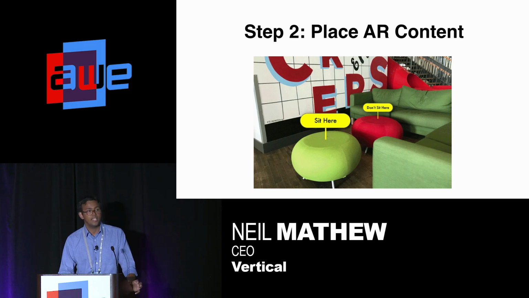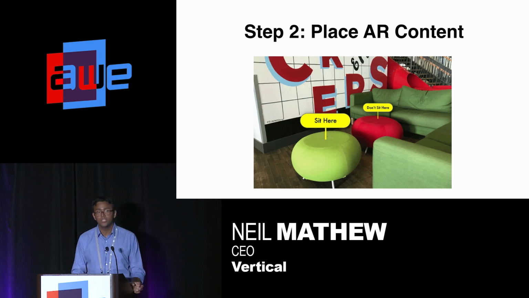What PlaceNote does is the next time anyone holds their phone up or approaches that space, it will automatically figure out exactly where you are based on a matching between the map that was created and what's being viewed right now. And so in general, when building contextual user interfaces, what you need to do is map a physical space and then use that as a platform to then create content.